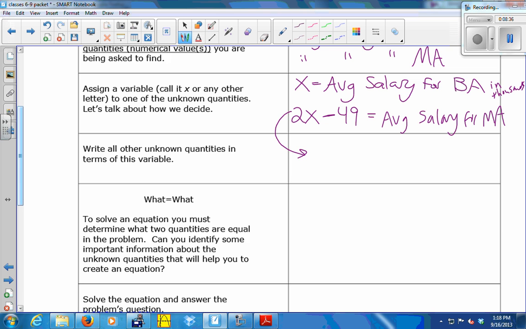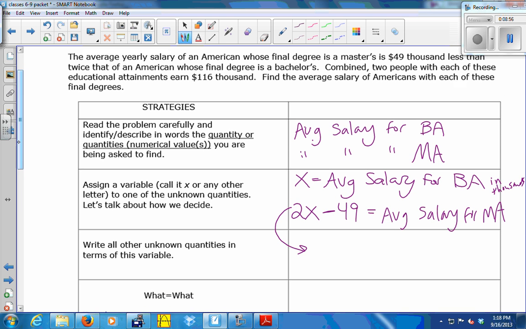All right, what equals what? We need to set up an equation that determines how these two quantities are related. How are the quantities average salary for a bachelor's and average salary for a master's degree related, according to the question? Yeah, it says combined, two people with those degrees make 116,000.